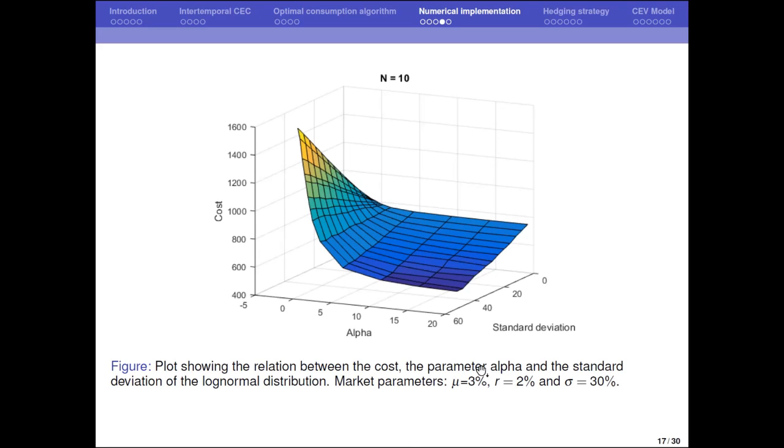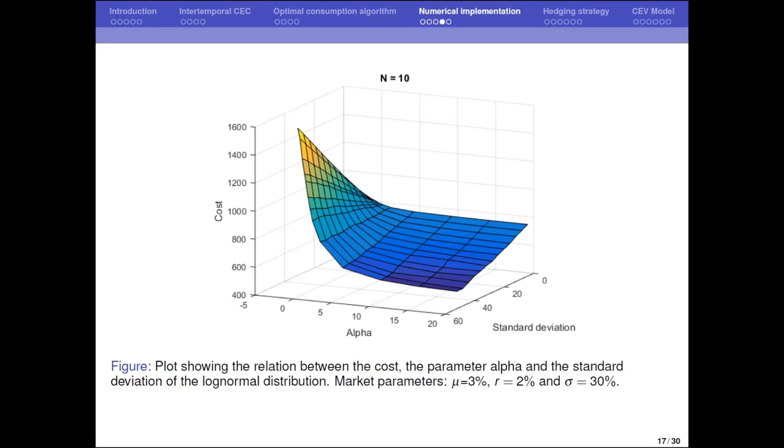And with these standard market parameters, we can realize numerically that for negative values of alpha, the cost is bigger, and for positive values of alpha, the cost is less. We even achieve a minimum at around alpha equal to 15 or 20. Here in this picture, maybe it's not so clear, but when I move it, it's more clear.